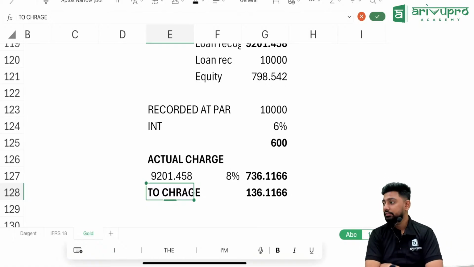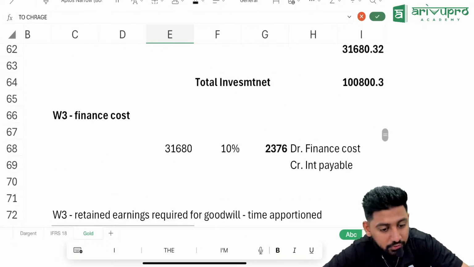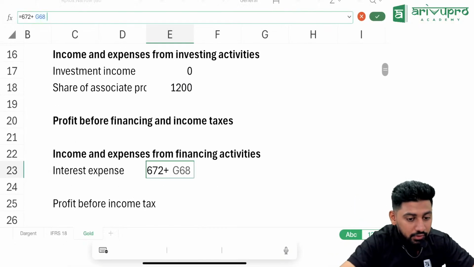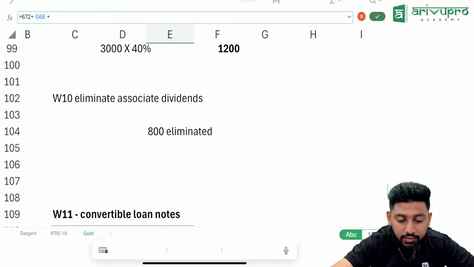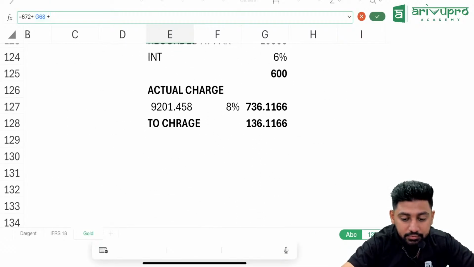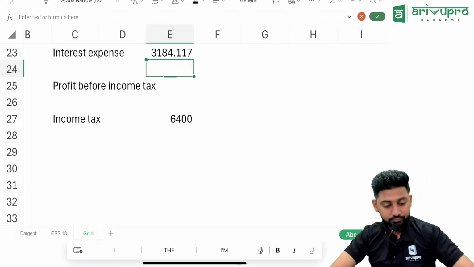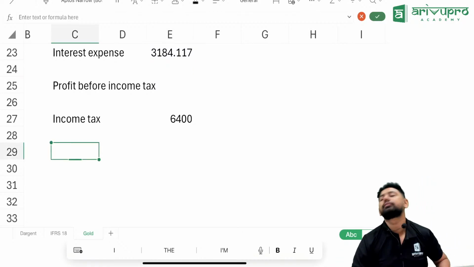Are we clear? 136 has to be an extra charge to the P&L. So our finance cost, I'll go to the top. Our finance cost will go up by 136. That's it. Done.